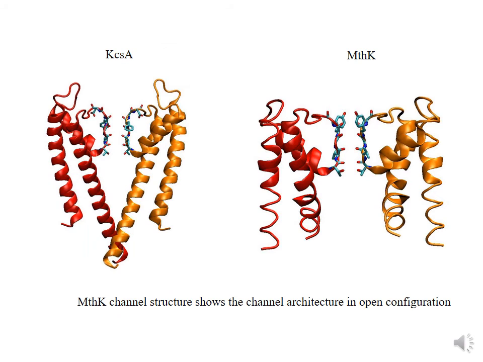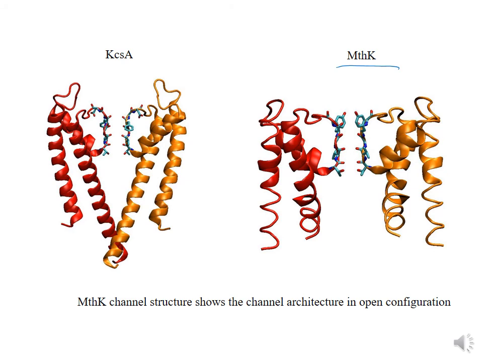KcsA is a bacterial potassium channel that was crystallized in its closed configuration. And more recently, the same group, Rod MacKinnon's group, was able to crystallize another bacterial channel called MthK potassium channel, shown on the right, in the open configuration.